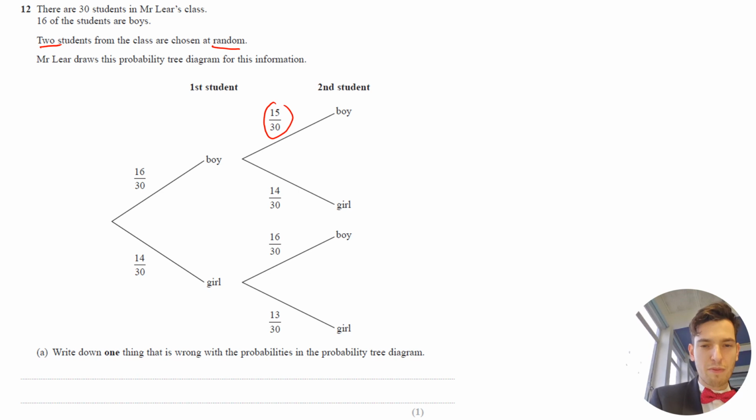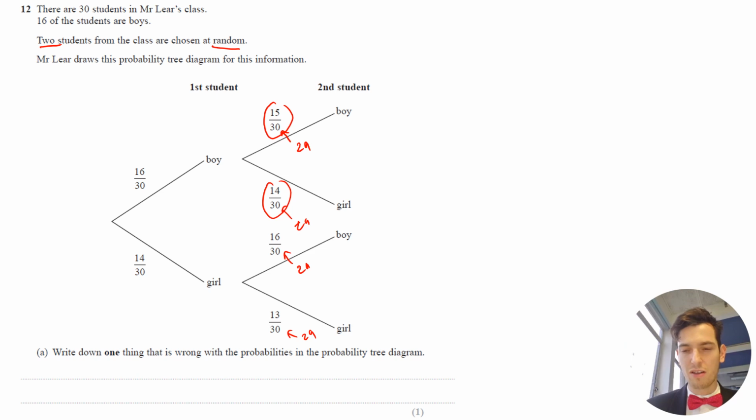So for these two probabilities here, I know that they have to sum to 30 out of 30. They have to sum to 1. But actually, I think the problem is that this denominator here should be 29. Because in the second pick, you've already picked one student, and so there are 29 students left.